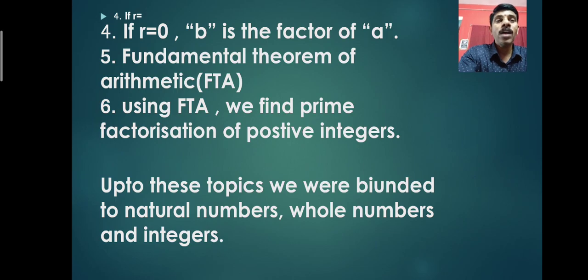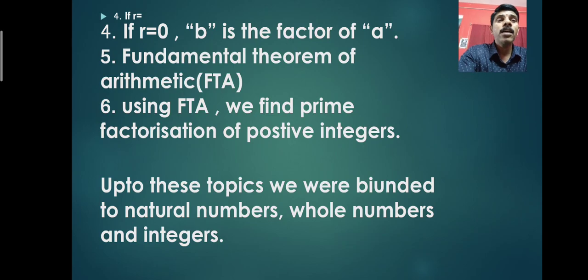So all these topics are related to natural numbers, whole numbers and positive integers. Actually, the Euclid division lemma is also expanded to all integers, but in this textbook we just describe positive integers only. So up to these topics we were bounded to natural numbers, whole numbers and integers.